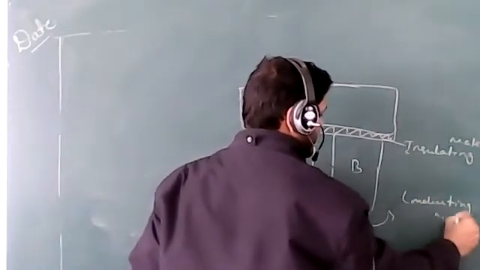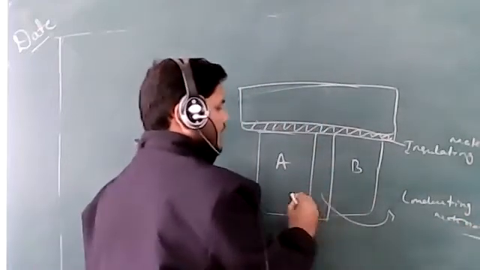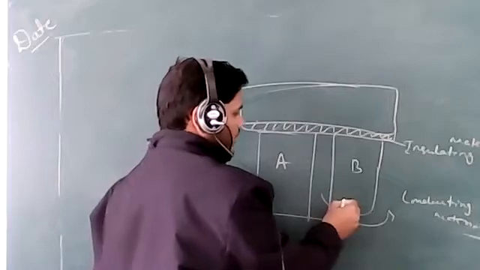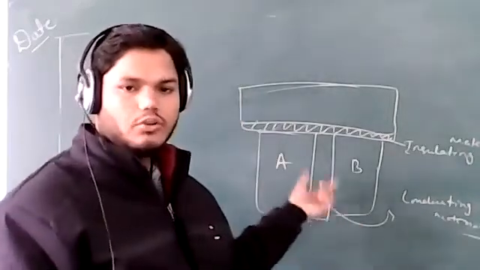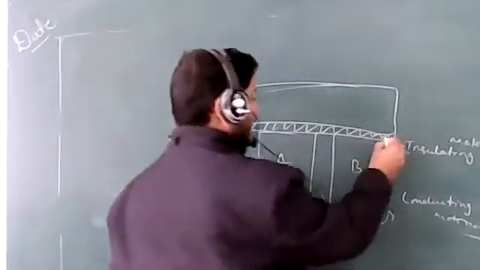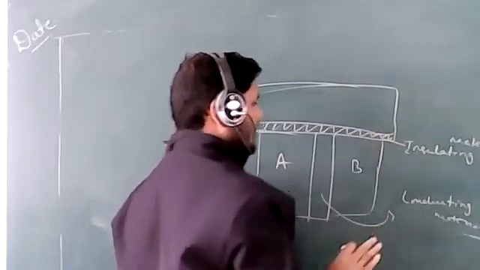If it is a conducting material, heat can flow from A to B. But if it is an insulating material, heat cannot flow directly from A to C or B to C in that condition.